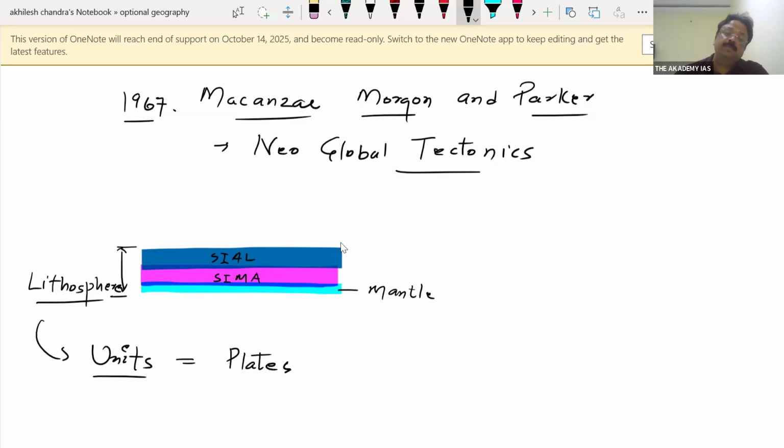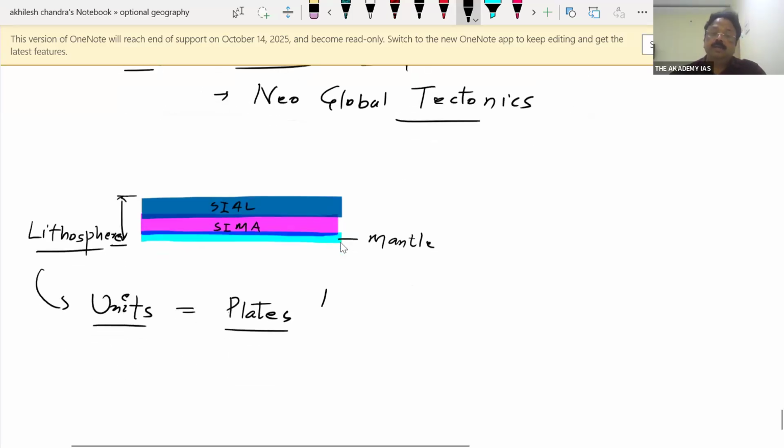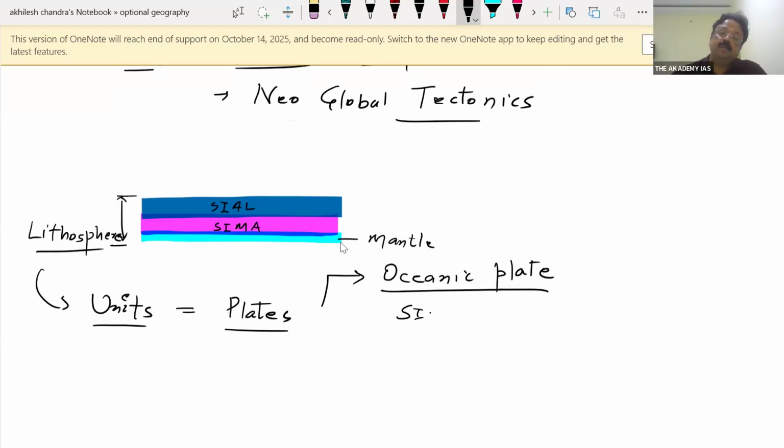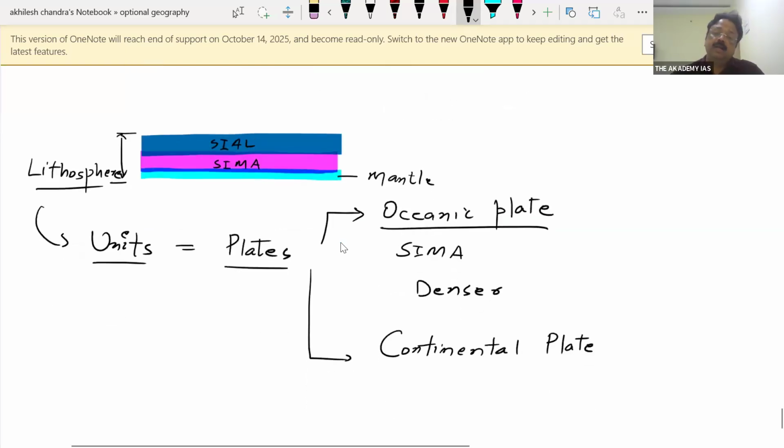So it may be oceanic plate, that means largely it is made up of Sima, that's why it is denser, and it may be continental plate, largely made up of Sial, and hence it is less dense.